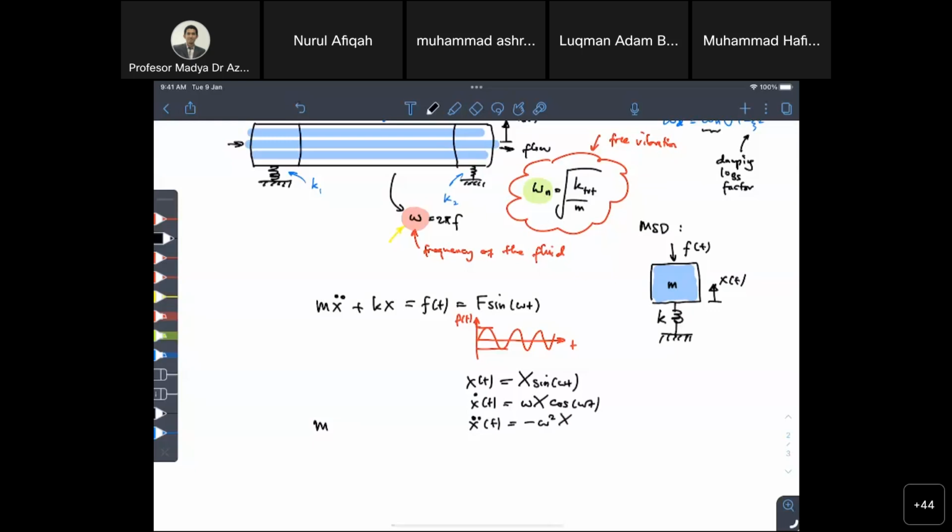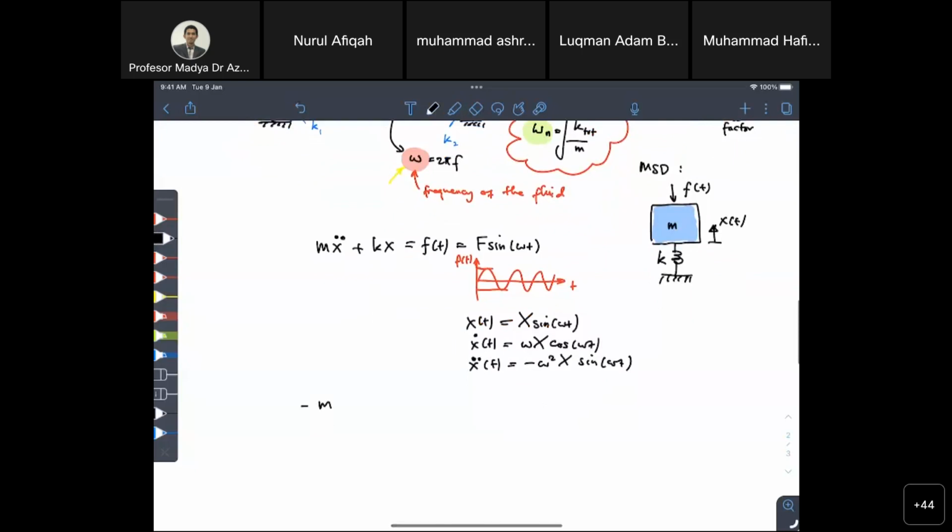So minus omega square x sine omega t. Then we substitute x double dot here, plus k x sine omega t, and on the right we have f sine omega t.